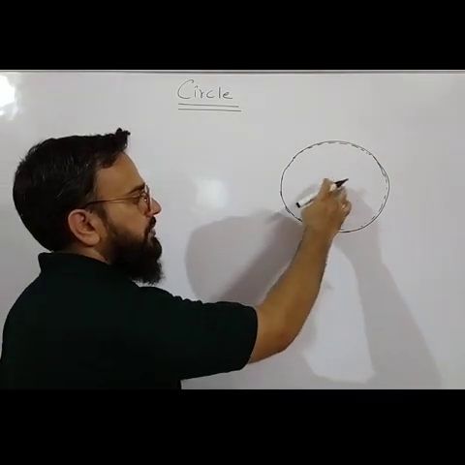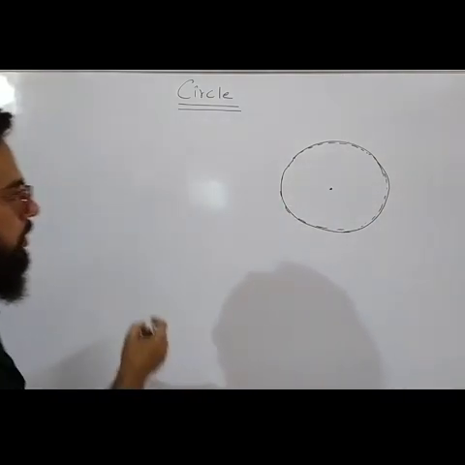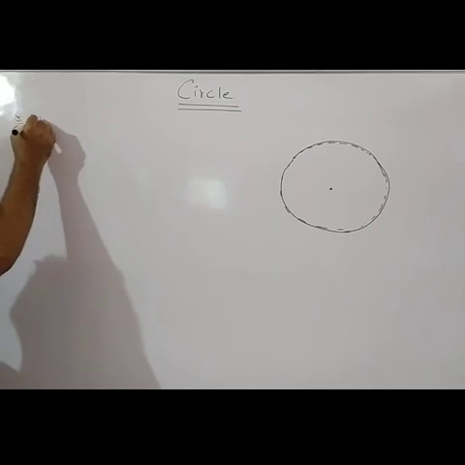So basically, what is the definition of a circle? Note down the definition.